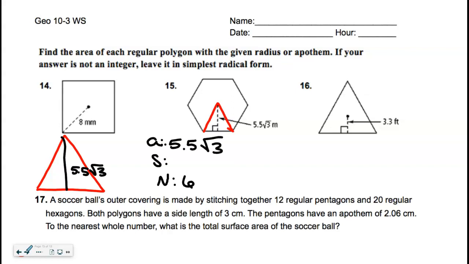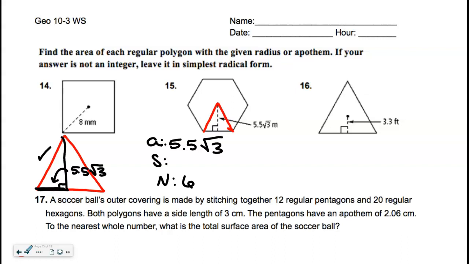Good? Am I going too fast, Tessa, or am I good? I'm good? All right, so I don't care about the radii. Don't care about that. I care about the side length, so somehow I have to go back to the short side. So if I multiply by root 3 to get the long side, what was the short? What do you think, Logan, in the back?